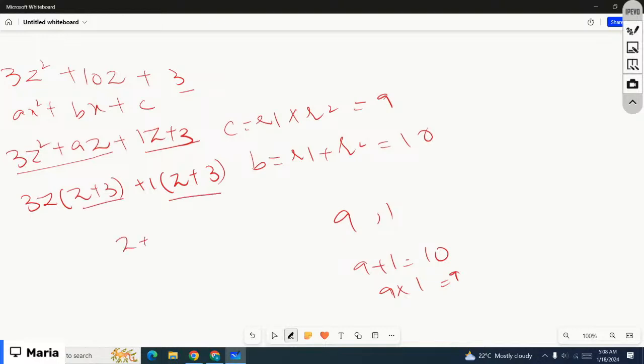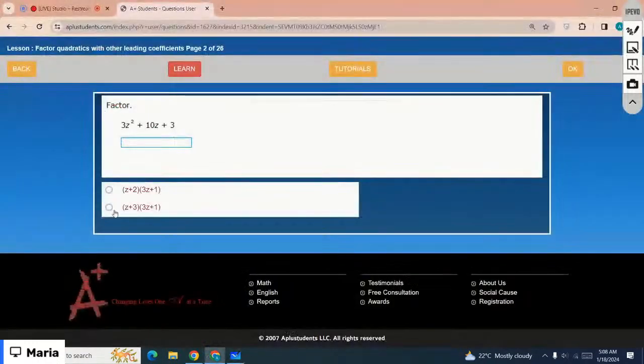So z plus 3 is the common factor and you are left with 3z plus 1. So the factors are 3z plus 1 and z plus 3. Got it? That is the correct option.